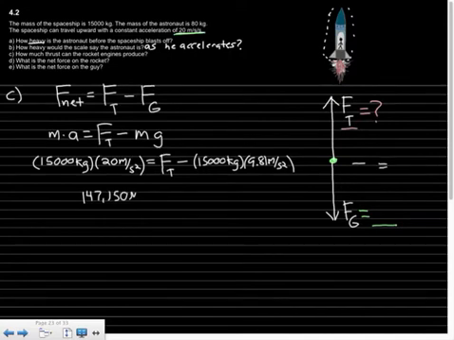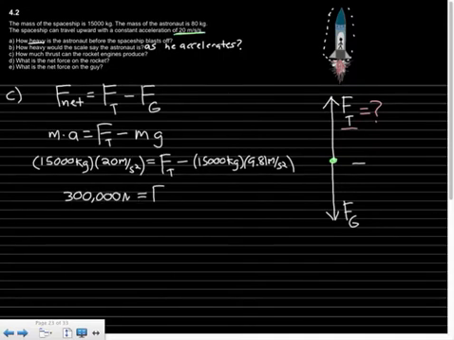So these are going to equal 147,150 newtons. Okay, what's 15,000 times 20? Okay, yeah, so that's fine. So 15,000 times 20 is 300,000 newtons.